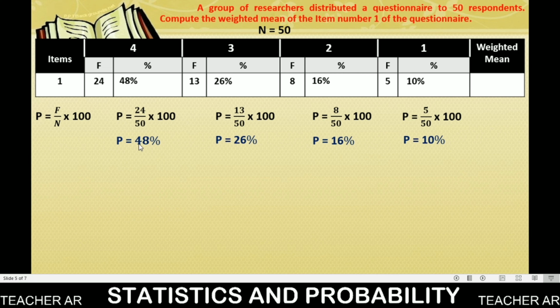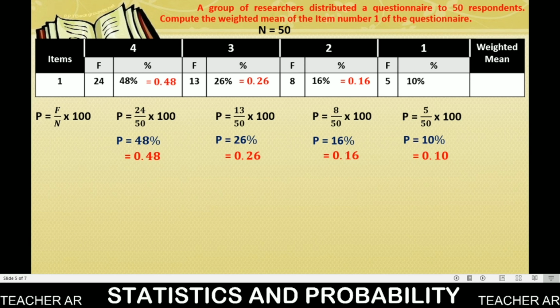So 48% is 0.48. 26% is 0.26. 16% divided by 100 is 0.16. And 10 divided by 100 is 0.10.